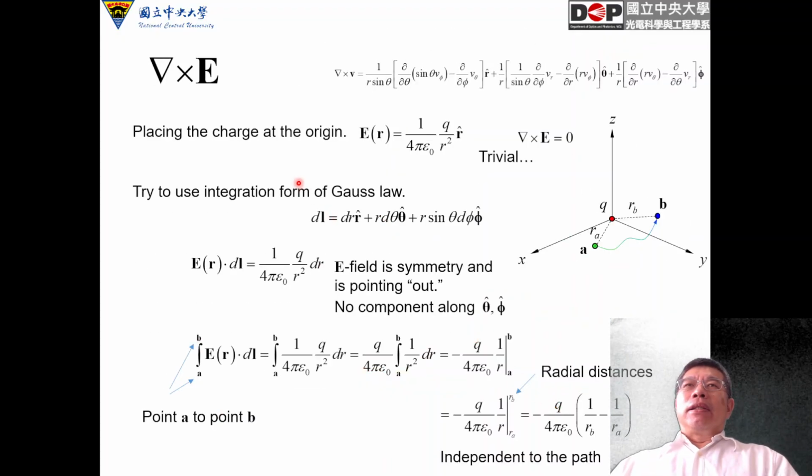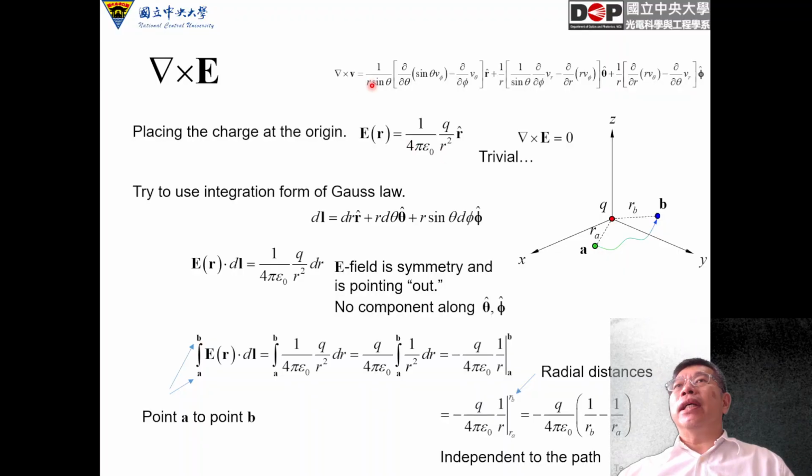Anyway, the second part, the curl of E, is actually slightly more difficult to deal with. Placing the charge at the origin, again, we write things down. The curl of E will be 0. That's trivial. Take a look at it and you can easily prove that curl E equals 0.